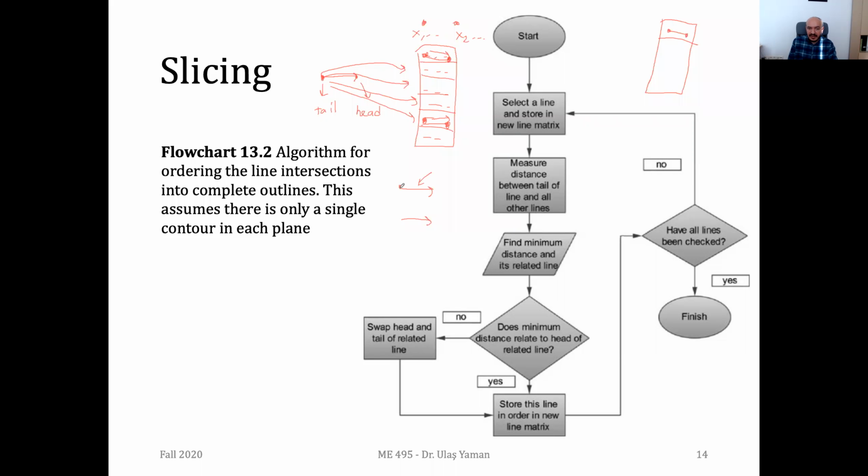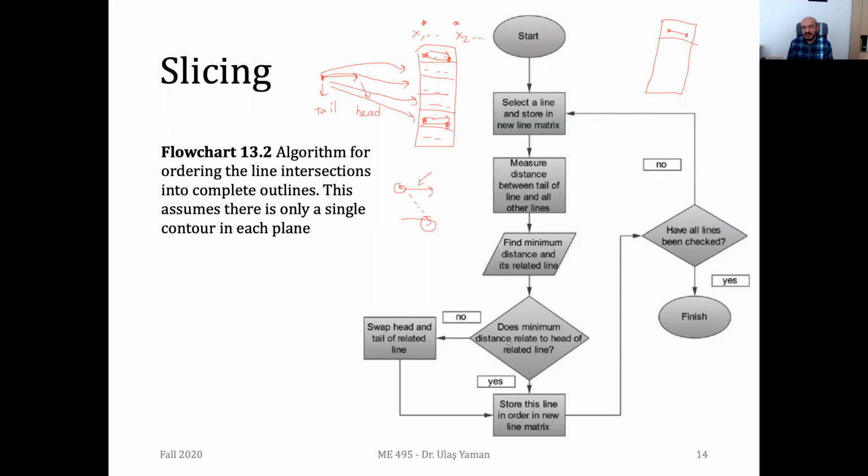And if you find that the distance between the tail of the corresponding line segment and the head of this line segment is 0, then you simply connect the head of this line segment to the tail of the other line segment. So there should be a connection.